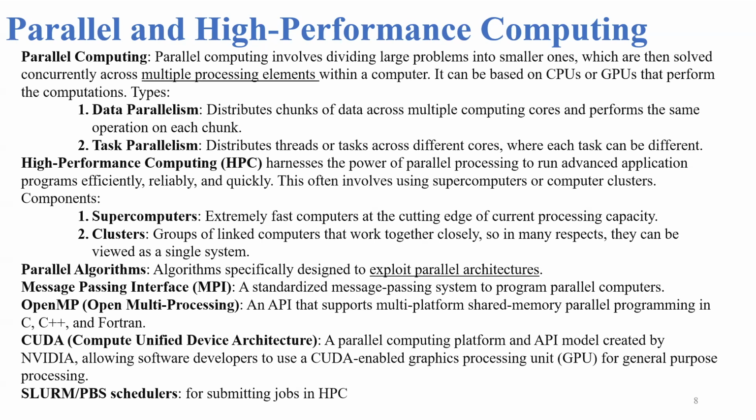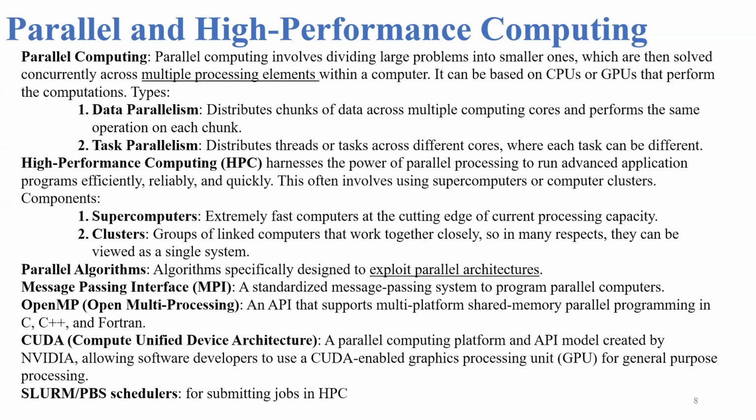So parallel algorithms are algorithms specially designed to exploit parallel architectures. Message Passing Interface, MPI, is a standardized way to message pass across parallel computers. OpenMP is an application programming interface that supports multi-platform shared memory across C, C++, and Fortran.